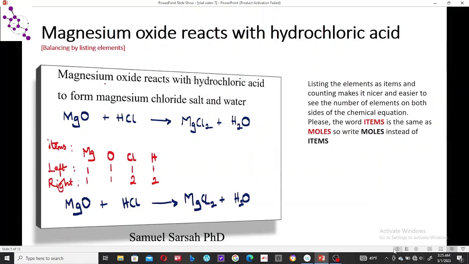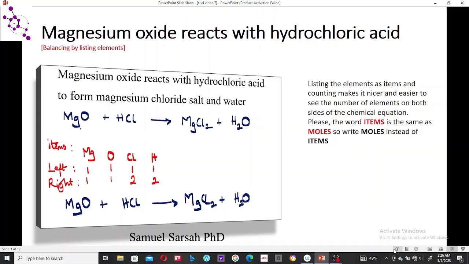This is another one where we have magnesium oxide reacting with hydrochloric acid to form magnesium chloride and water. Now we have to list the elements or the items to see if they are balanced or not. So we have magnesium, oxygen, chlorine, and hydrogen.